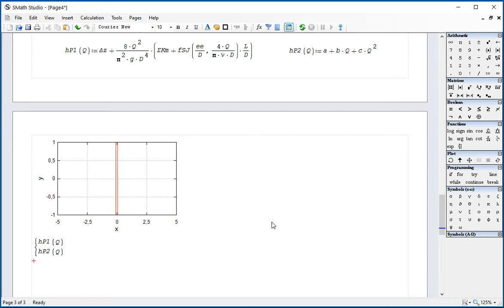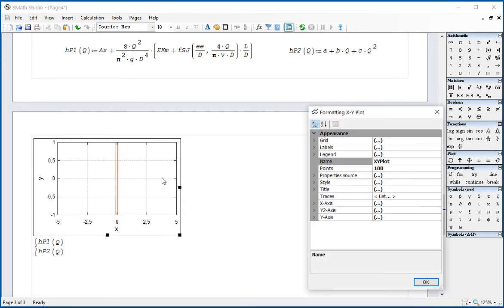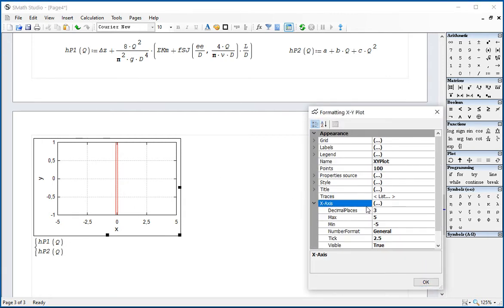and what I'm getting there is a very narrow graph. So I need to modify my x-axis, and I'm going to go from a minimum of 0, that's a discharge of 0, to a maximum of, let's say, 0.5.